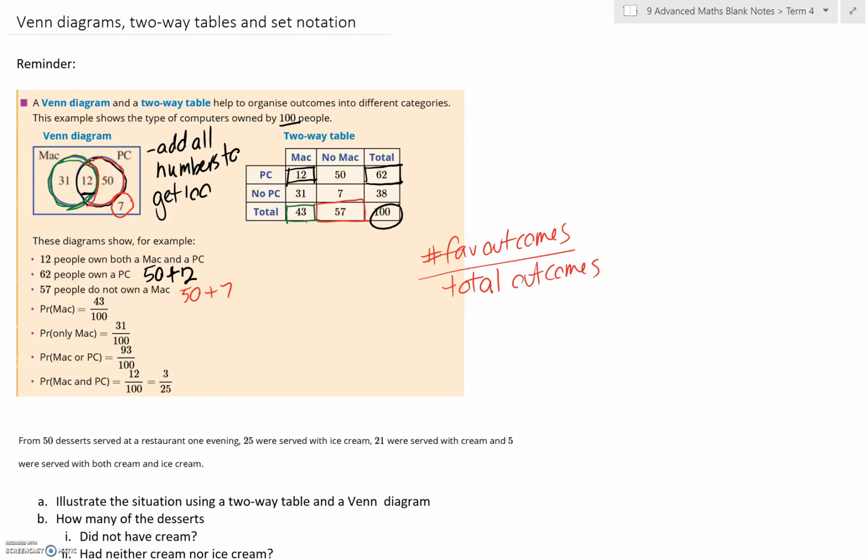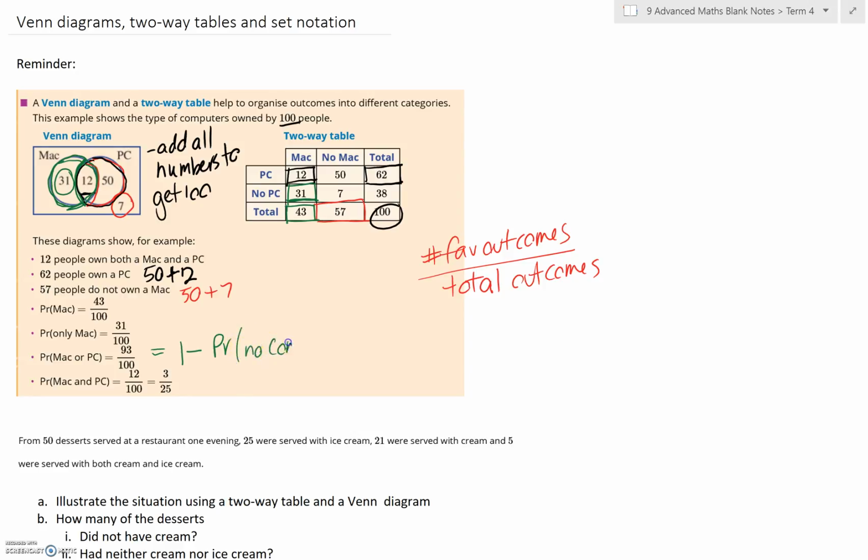The probability of only owning a Mac is just the part of the circle that doesn't have any link to the PC section. So that's 31. And in the two-way table, it's Mac only, no PC. 31 out of 100. The probability of getting a Mac or a PC, well, you can find this in two ways. So 93 out of 100 is the answer that's listed there, but it's probably just as easy to find 1 minus the probability of owning no computer.